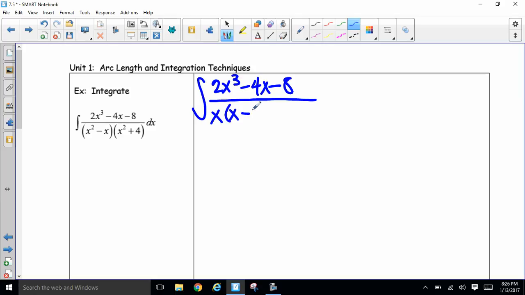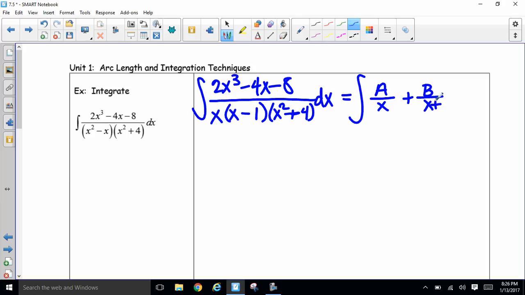So x times x minus 1 times x squared plus 4. And since it's a plus, I can't factor that anymore. Dx. And then that needs to equal, I'm going to do all the little baby fractions. I'm going to have a over x, my first denominator piece, plus b over x minus 1.